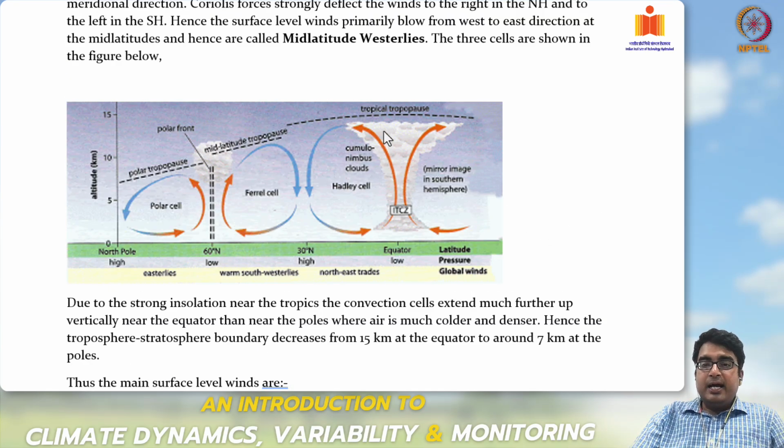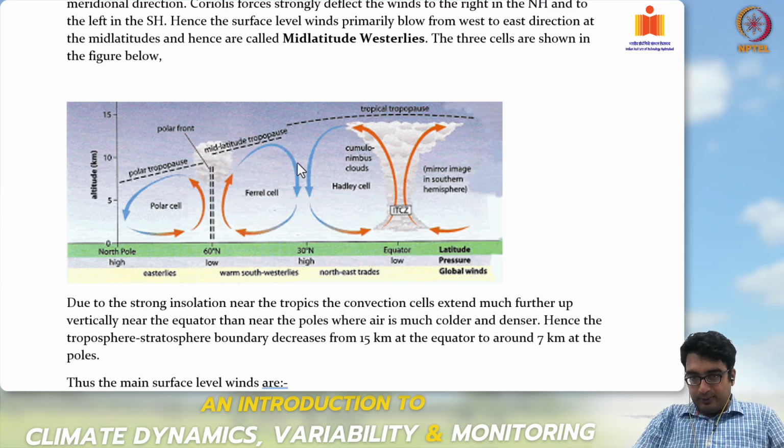hot winds are coming from the equator towards the 30° north high, whereas cold winds are coming from the subpolar low and going towards 30° north or 30° south. So, at the 30° point, in general, there is a convergence of cold winds coming from the subpolar low and hot winds coming from the equatorial low.